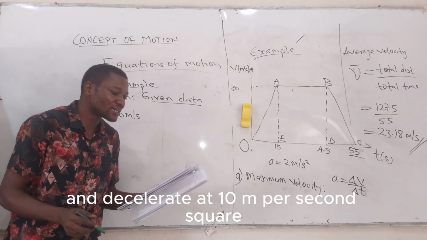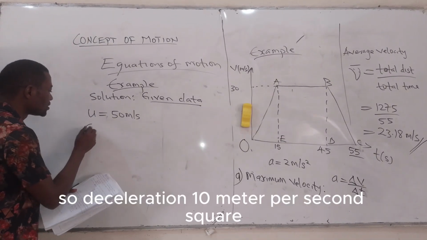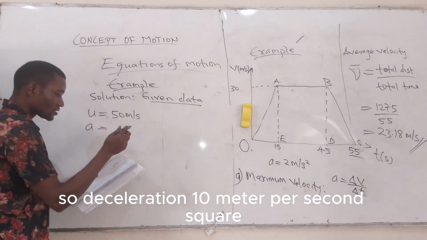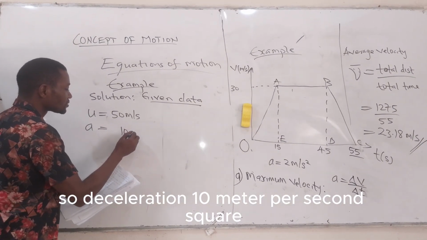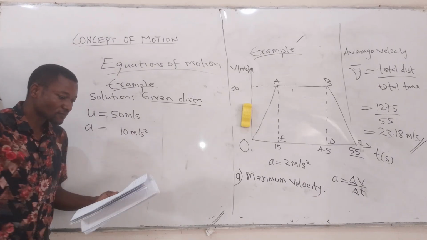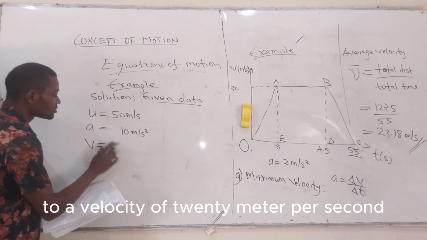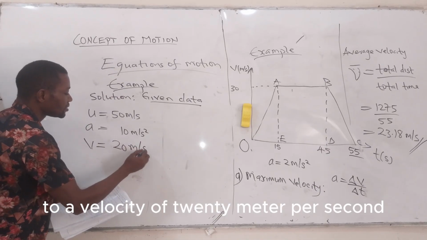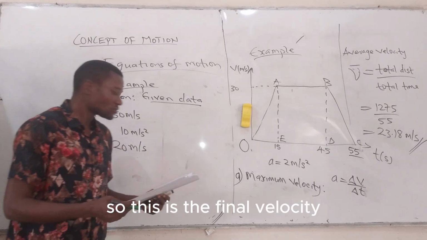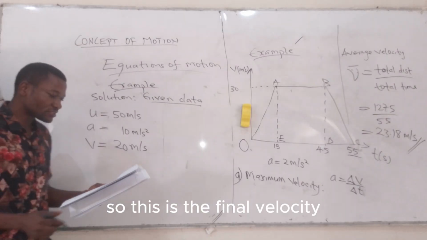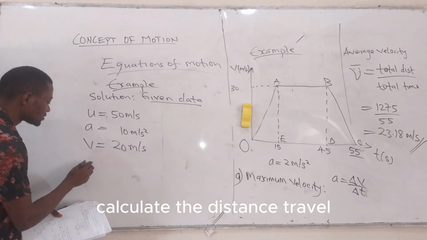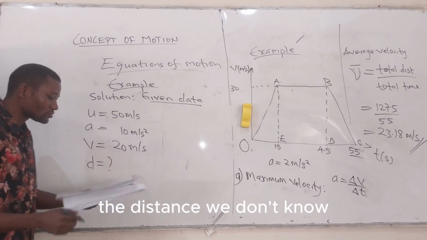And decelerates at 10 meters per second squared to a velocity of 20 meters per second. So this is the final velocity. Calculate the distance traveled, the distance we don't know.